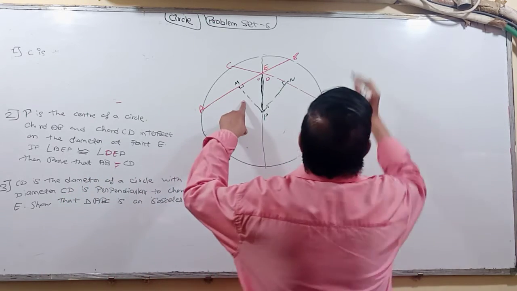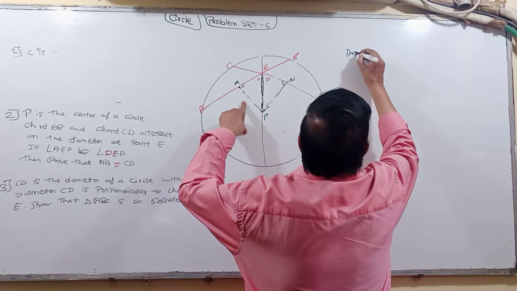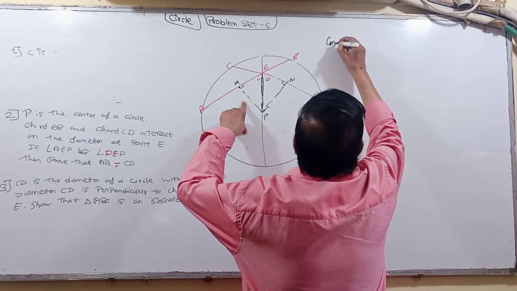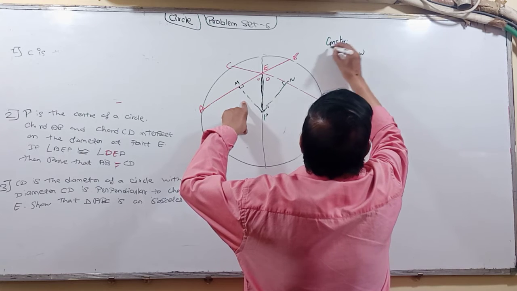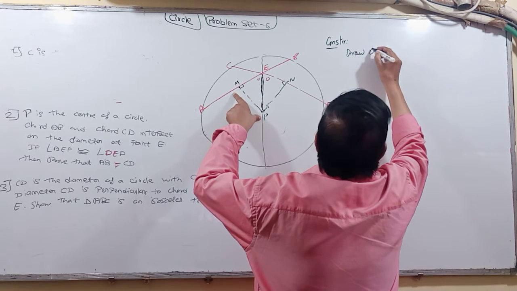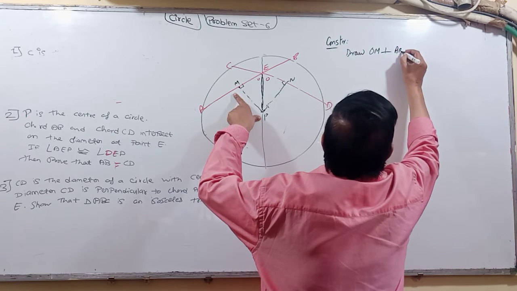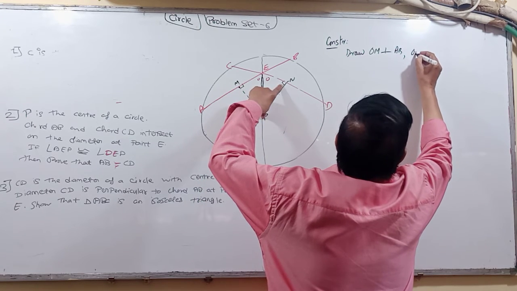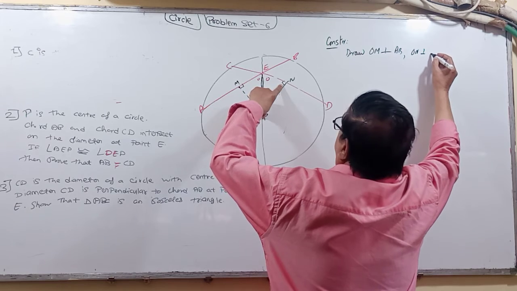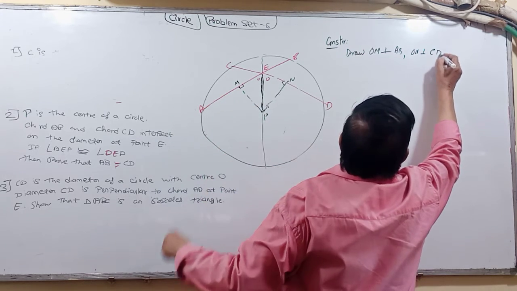Construction: draw OM perpendicular to AB, ON perpendicular to CD. The construction.